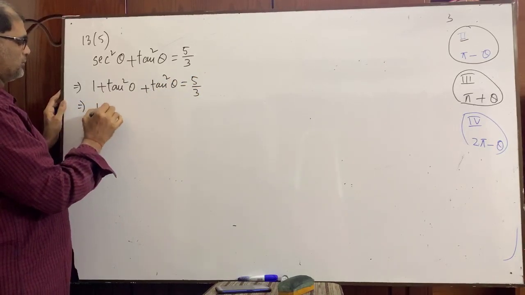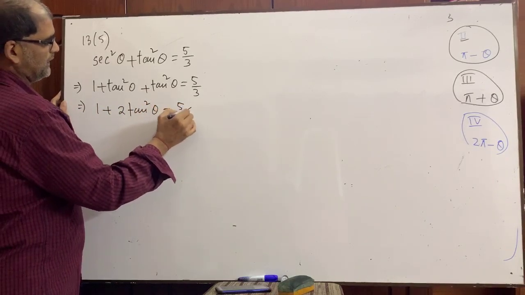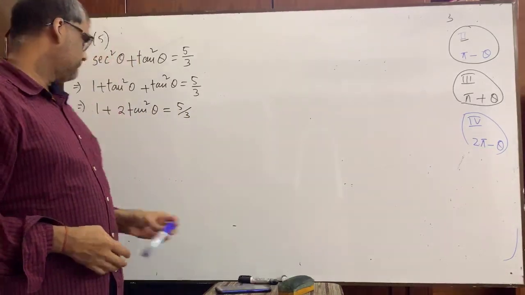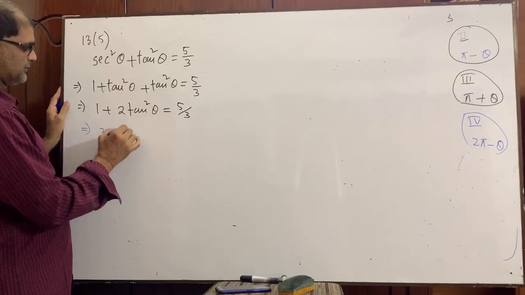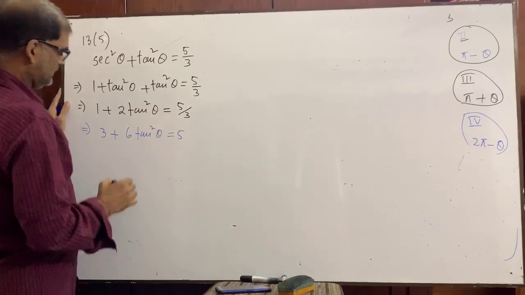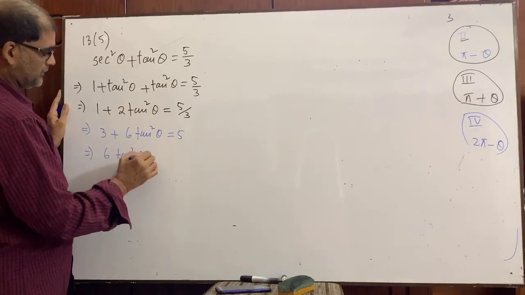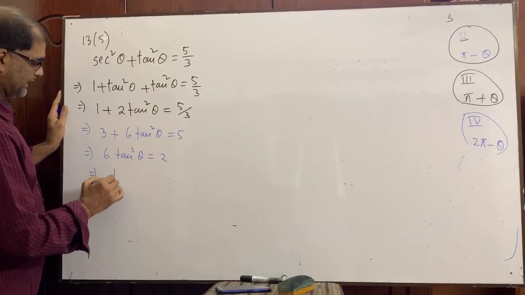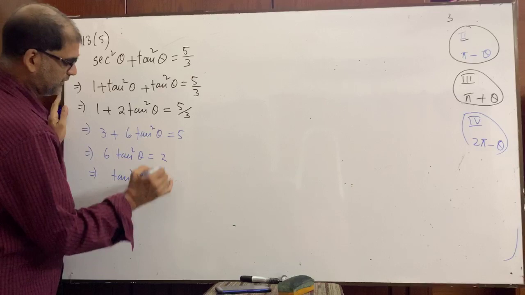That is 1 plus 2 tan square theta equals 5/3. Very simple. We can write 3 plus 6 tan square theta equals 5. That means 6 tan square theta equals 5 minus 3, that is 2. And here we get tan square theta equals 2/6, that is 1/3.